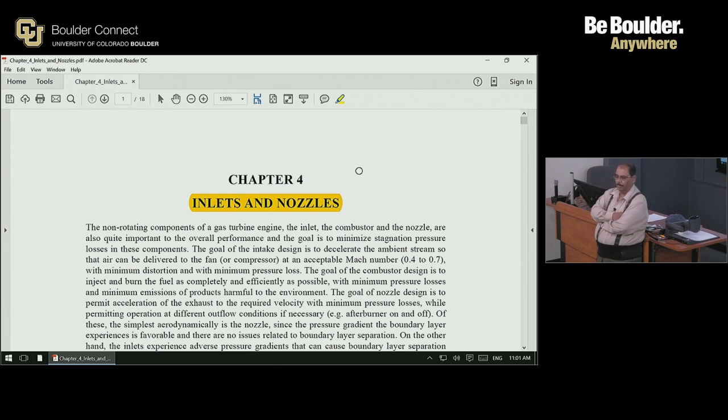And today I will actually work on the problem as well as the MATLAB code to do cycle analysis of turbojets and turbofans. So I can provide you that MATLAB code if you so desire.